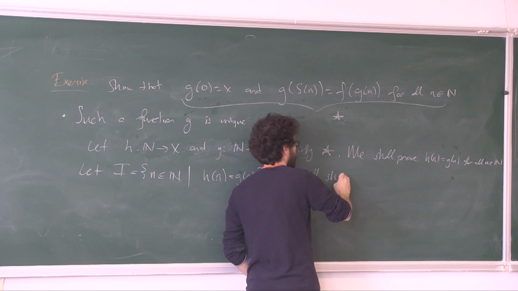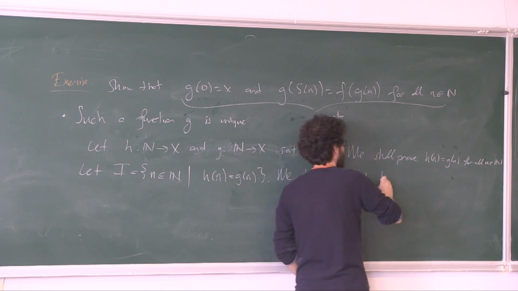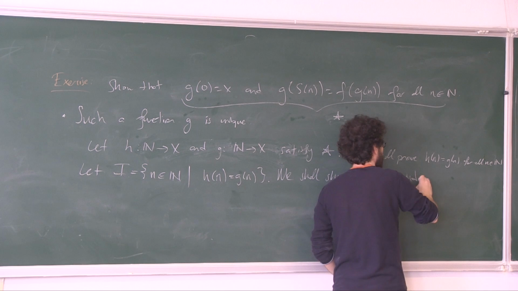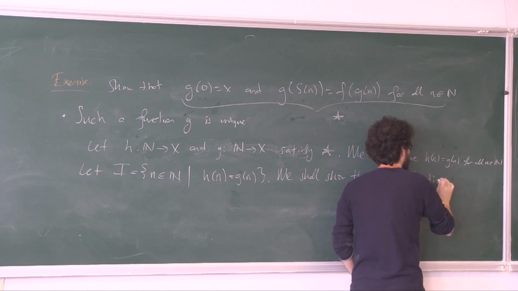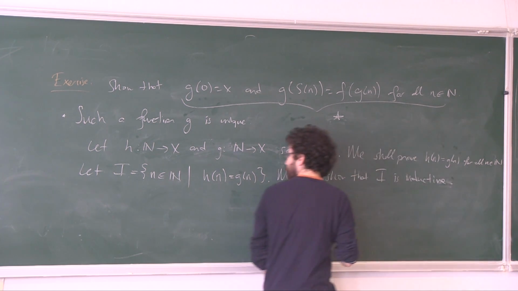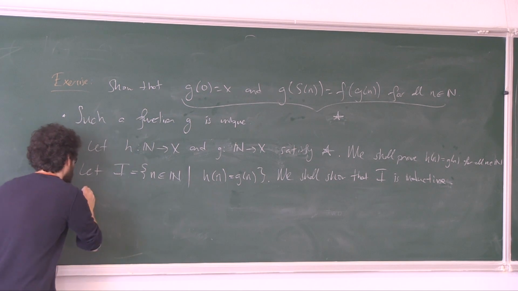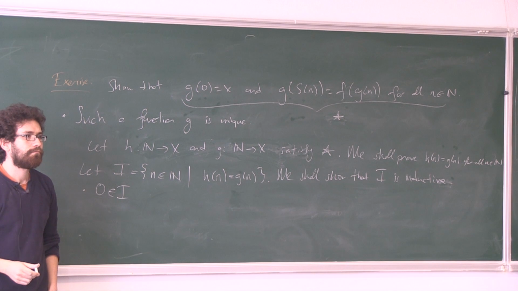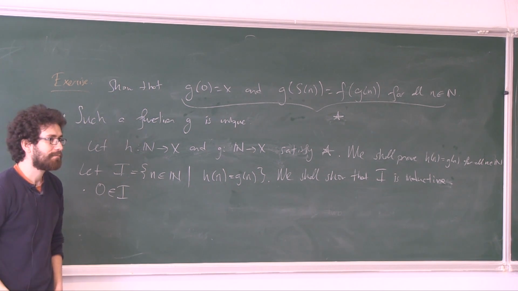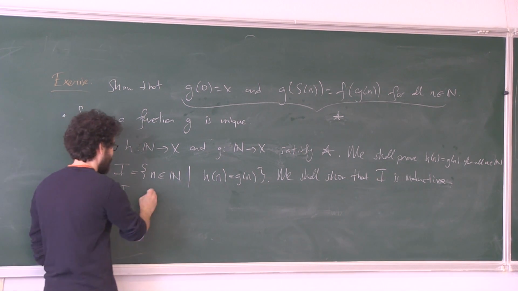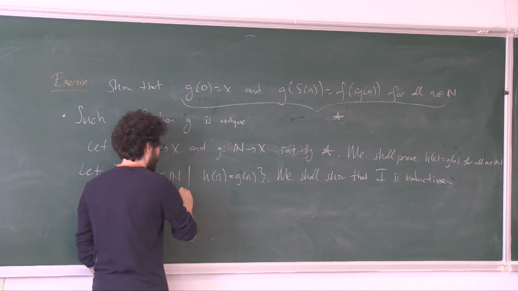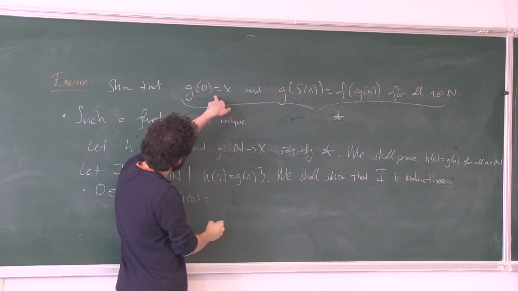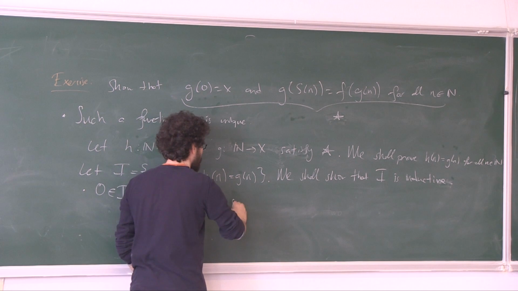We shall show that this I is inductive. Is 0 in I? Say yes. Yes. Why? Because h of 0 is, by property star, equals x, which is g of 0.